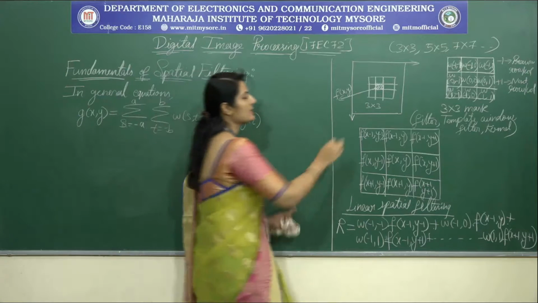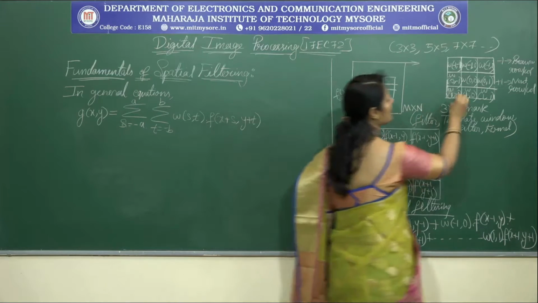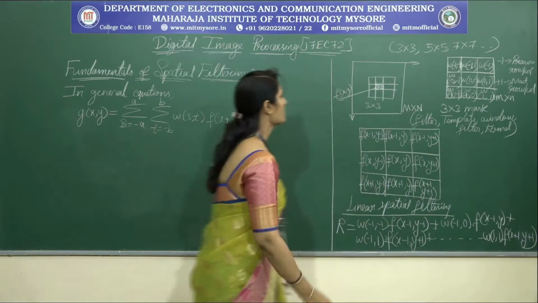Here the size of the image is capital M cross N, and the size of the mask is small m cross small n.